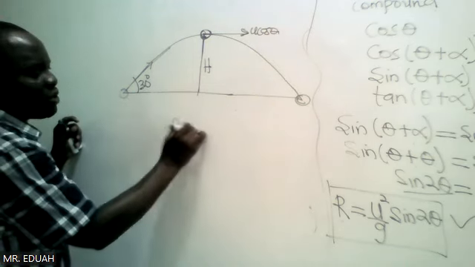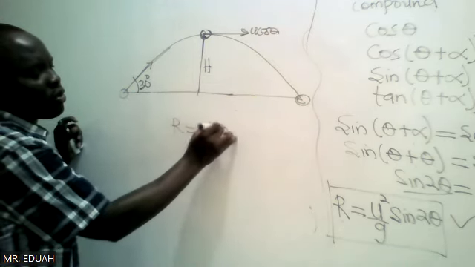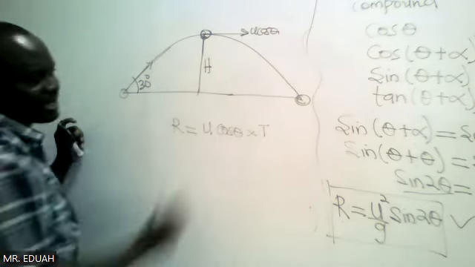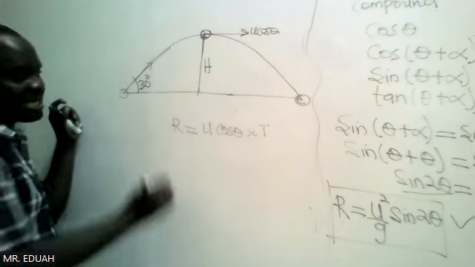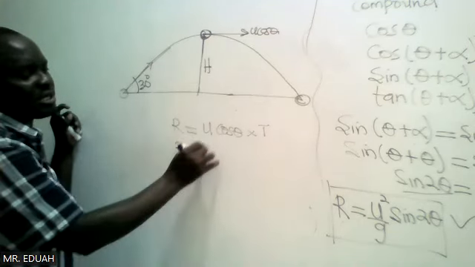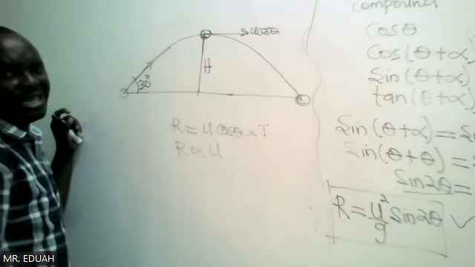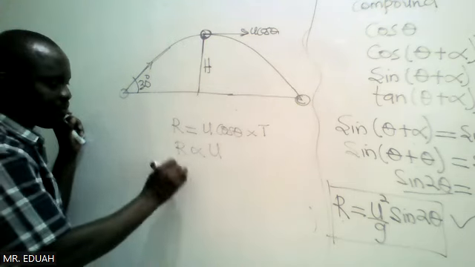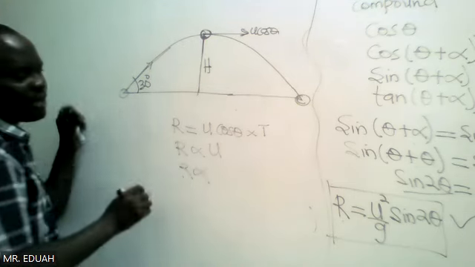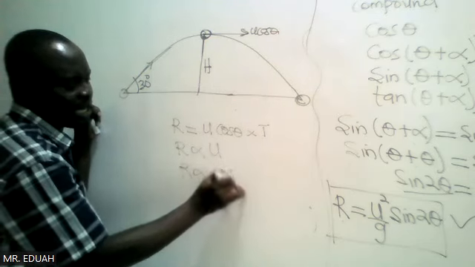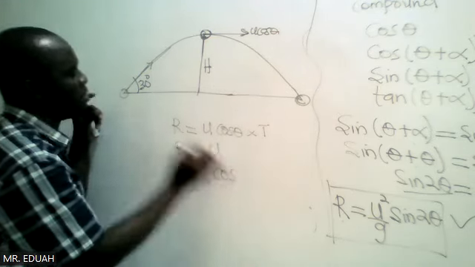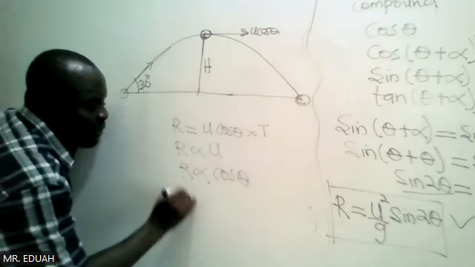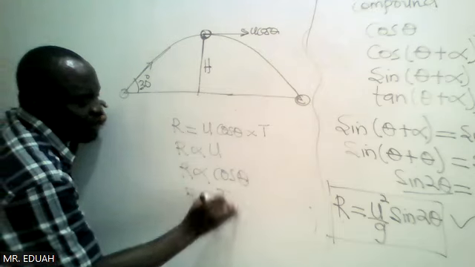Look, the range formula is equal to u cos theta times the time of flight. What it means is that the range is directly proportional to the initial velocity, the velocity of projection. The same range is also directly proportional to the cosine of the angle of inclination theta. And lastly, the range is directly proportional to the time of flight.